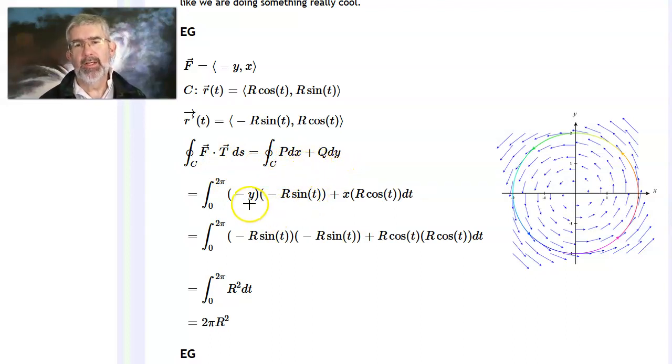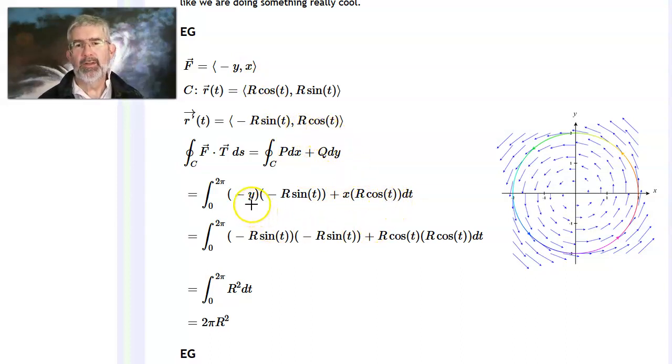So thinking of it this way, the p is the first component of the vector field, so minus y, and the dx is the first component of r prime here. So we've got that, and then plus q dy, so the q is the x up here, and the dy is the second component of r prime, so r cos t.